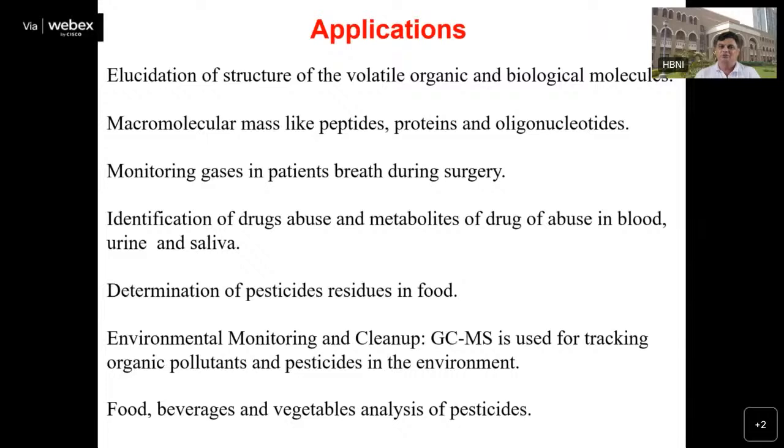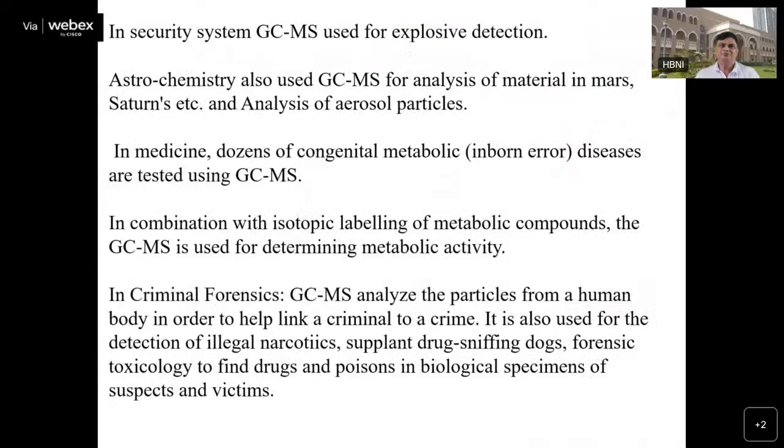GC-MS is also very useful for measuring various polyaromatic hydrocarbons and pesticides in the environment, and for analyzing pesticides in various food, beverage, and vegetable samples. In security systems, for example, it is very useful for detecting explosives. Astrochemistry also uses GC-MS for analyzing materials on Mars and Saturn, and the aerosols received from them.